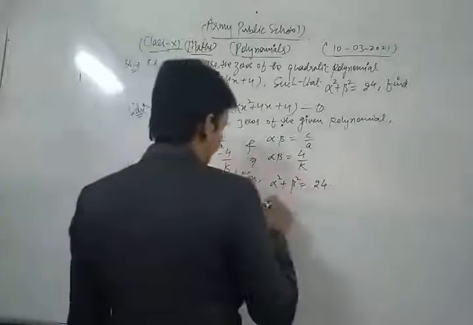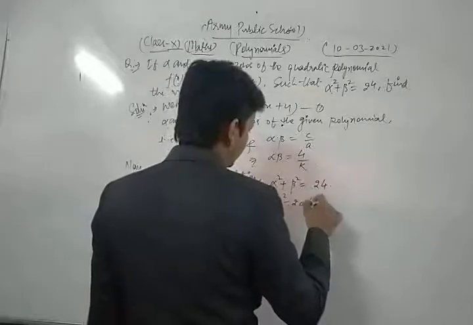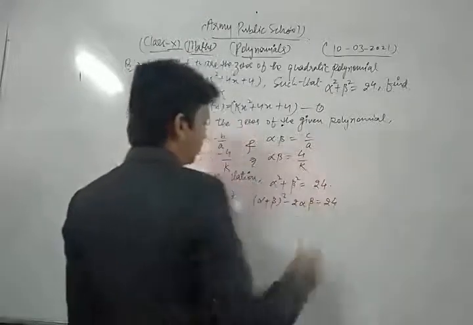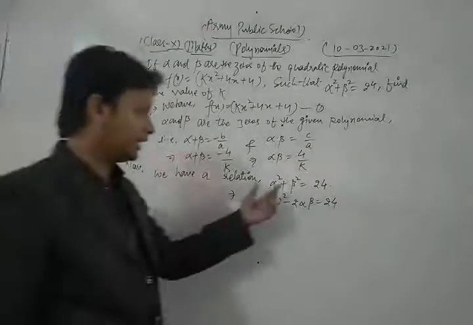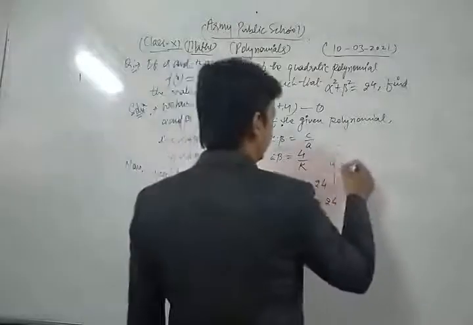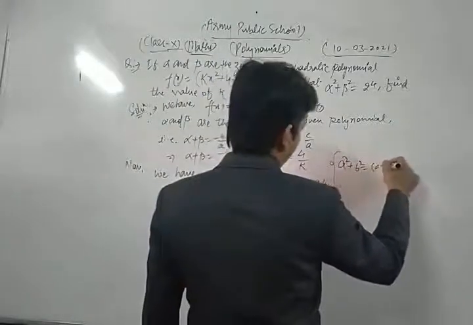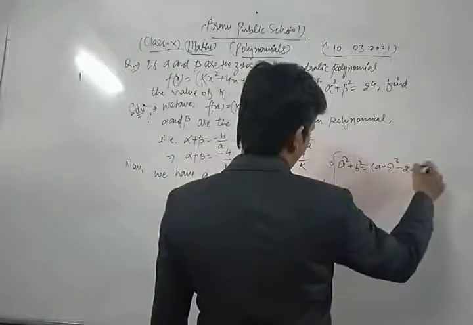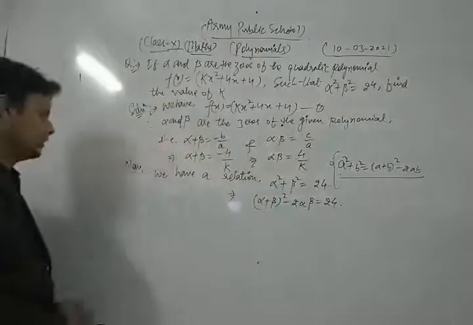We can write alpha plus beta whole square minus 2 alpha beta is equal to 24. You know that a square plus b square is equal to a plus b whole square minus 2ab.